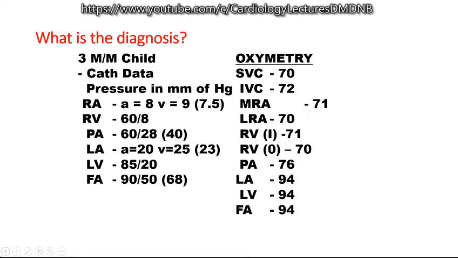Okay, all these can be. Okay, right. Anything else? Can there be naturally existing collaterals? Aortopulmonary collaterals. The pulmonary collaterals also can contribute oxygenated blood to the pulmonary artery. So there are many conditions where the pulmonary artery oxygen saturation can be elevated. So in your opinion, what is the reason in this child?